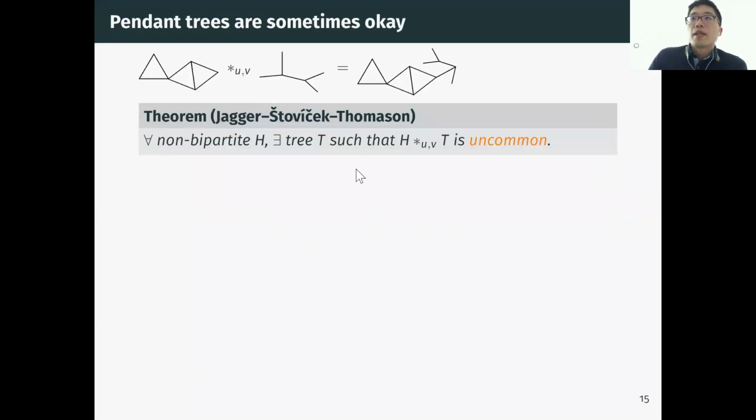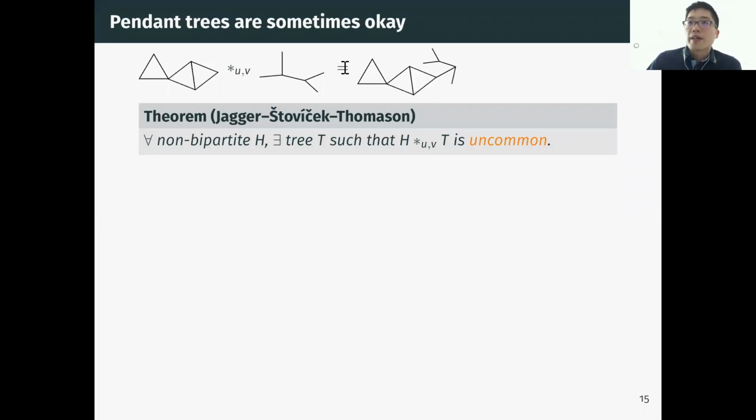So here's my fish again, and here's a tree. Say this is the vertex u and this is vertex v. Then my product is defined as follows. I just glue them together, which means I give a pendant tree to my fish.